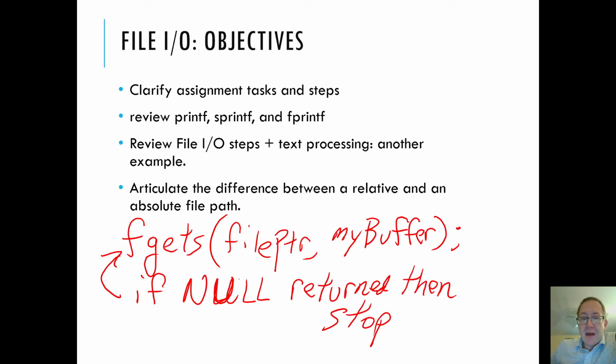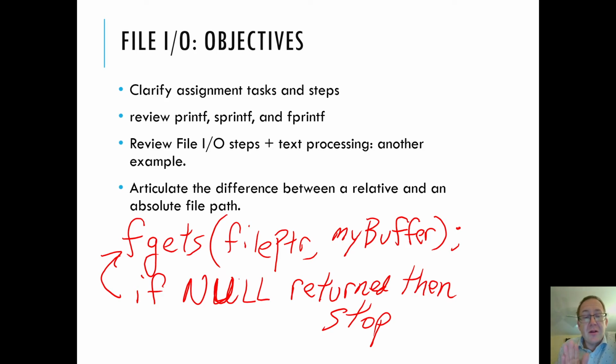With fgets, what I would normally do is every time I call fgets, check to see what it returns. It should return either the file pointer itself or NULL if something can't be read. So I can say if fgets, and that statement will be false, or NULL, if there's no other text to be read off the file.